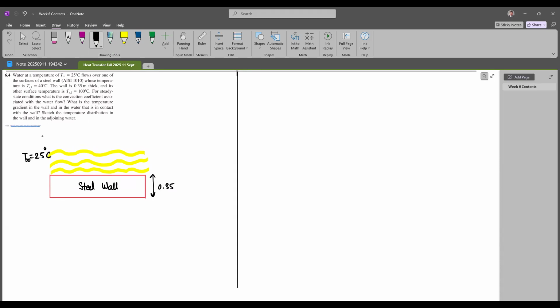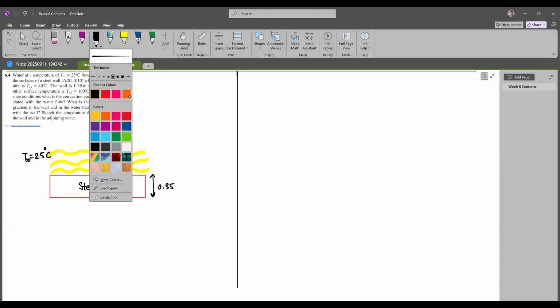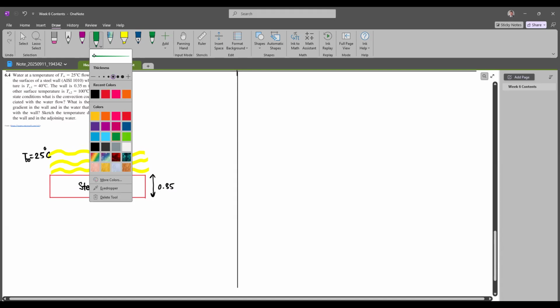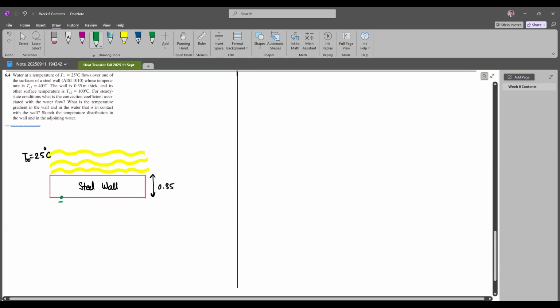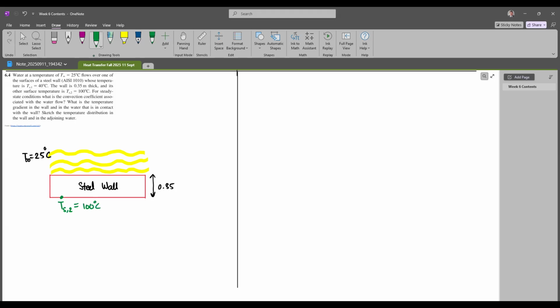And this green color temperature is Ts2, which is 100 degrees Celsius. This temperature is Ts1, which is 40 degrees Celsius, right?